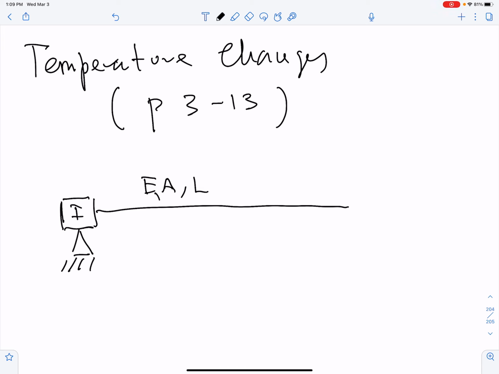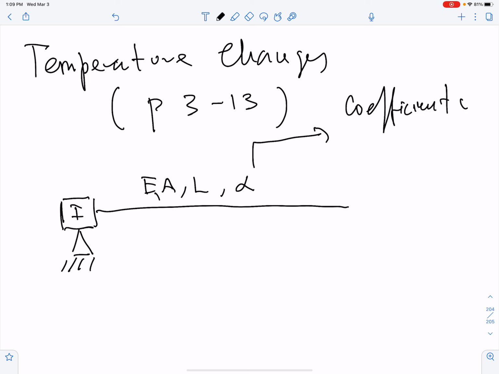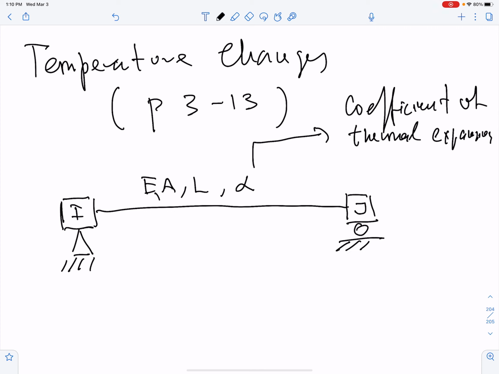And then we're going to introduce another property, coefficient alpha. We're going to call this guy a coefficient of thermal expansion. Okay, it will make sense in a minute, okay? Then we're going to denote the end node by J as usual, and we're going to put this guy on a roller. Okay?